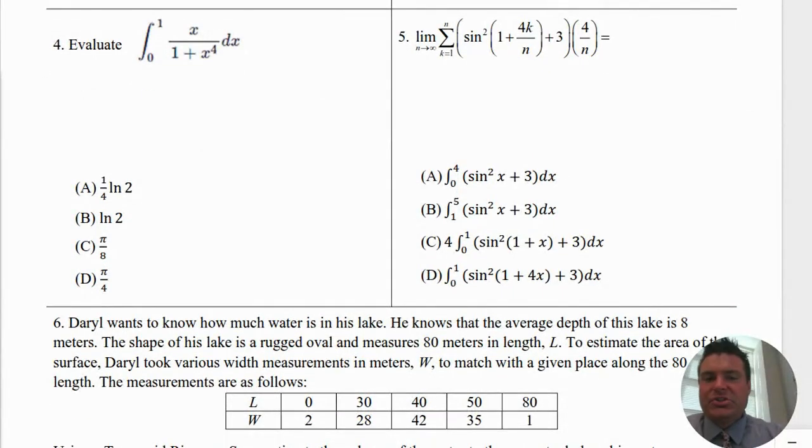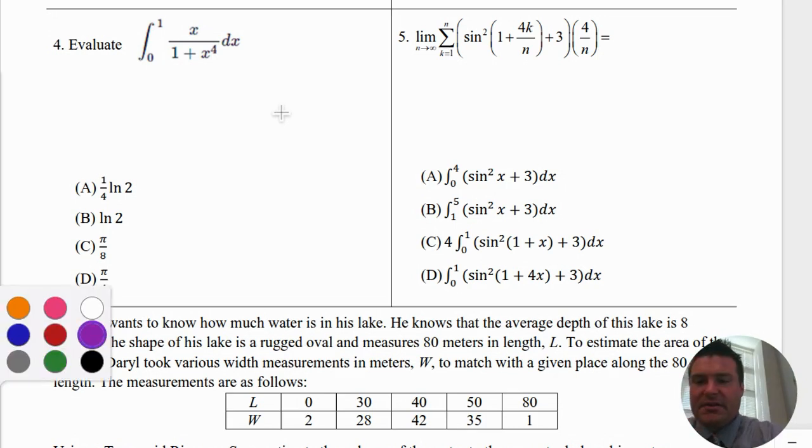Moving on to number 4, this is just an evaluate an integral problem. So when I evaluate this integral, I can't integrate that as is. This looks like a U-sub problem, and I know what a lot of you are going to be thinking: hey, the denominator there is 1 plus x to the 4th, let u be x to the 4th.